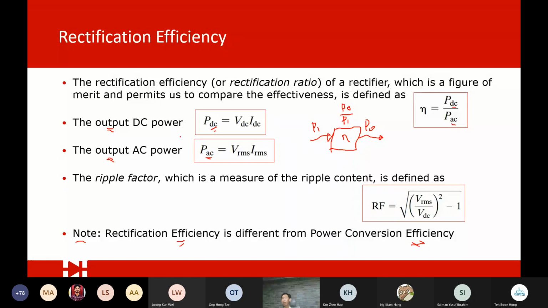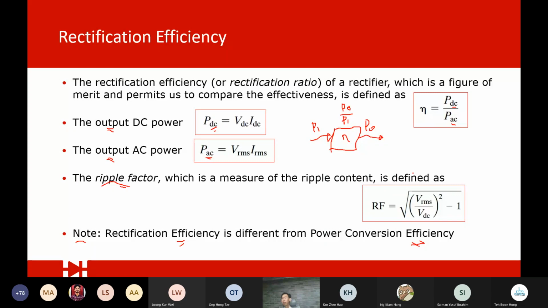In fact, it is a measurement of ripple. That's why sometimes they say I'd rather measure the ripple factor, which is in percentage.